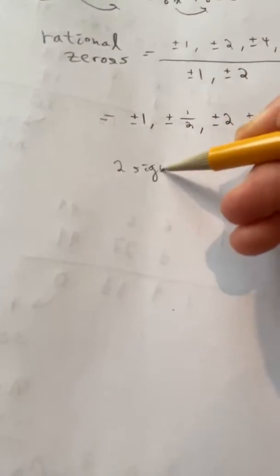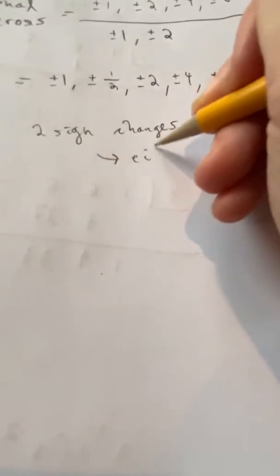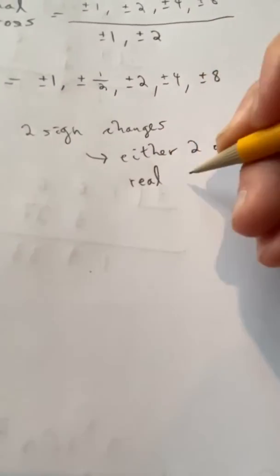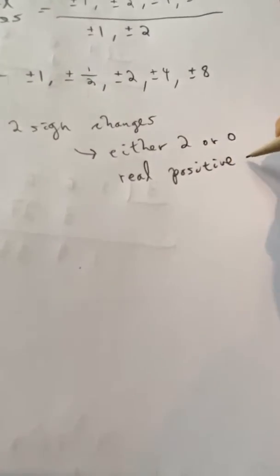So we have two sign changes. That means we're going to have either 2 or 0 real positive roots.